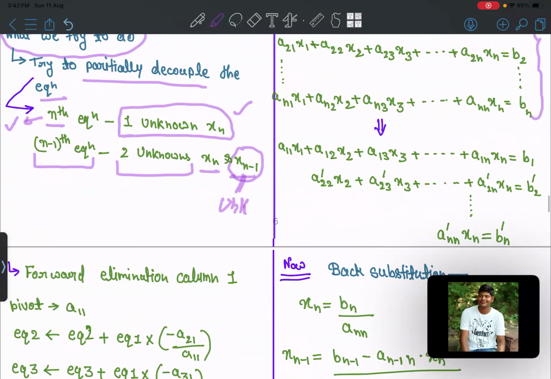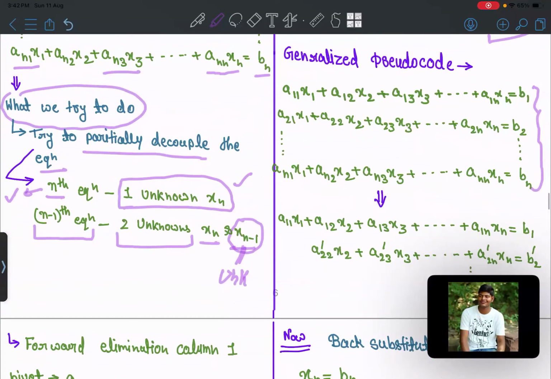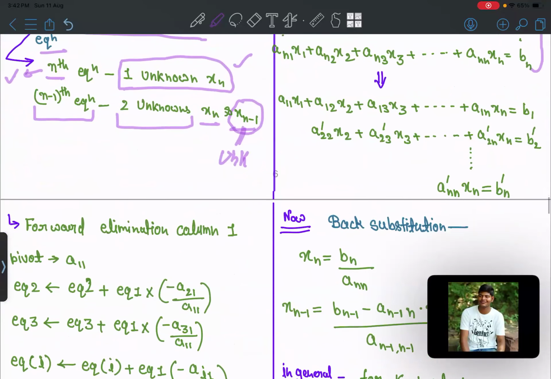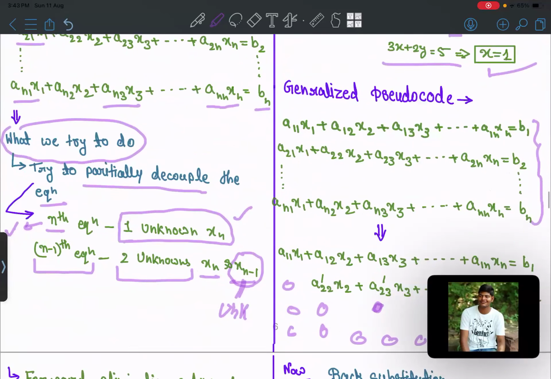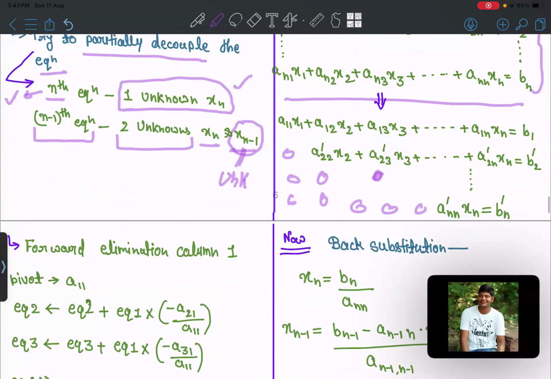What we try to do is convert this equation into a form where the terms below the diagonal are all 0. So we try to convert this kind of equation into this kind of equation.